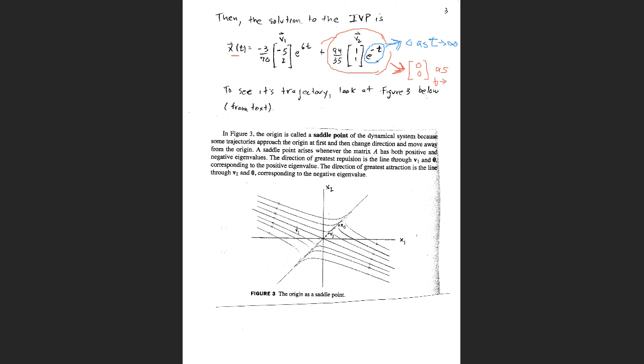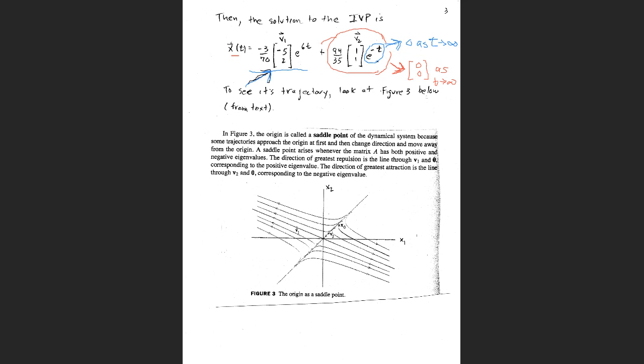This means then that when t is large, only the first portion of this part here, only that portion remains.